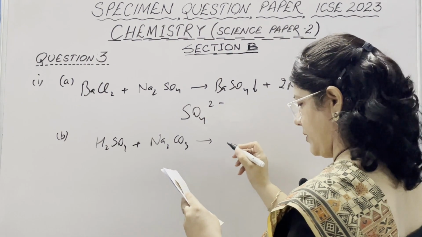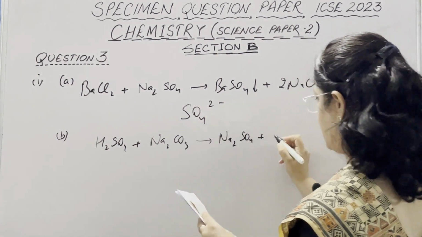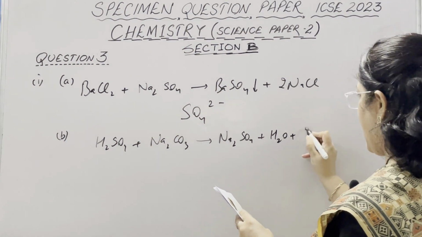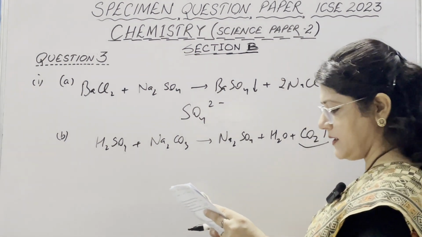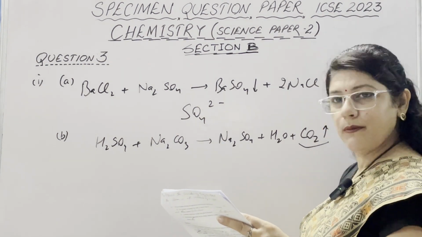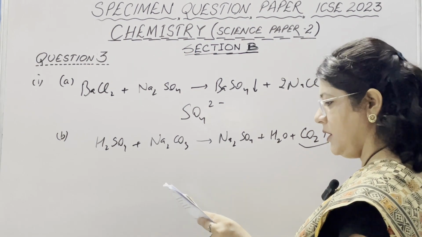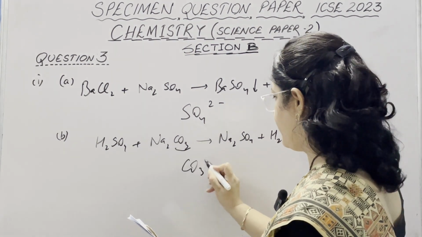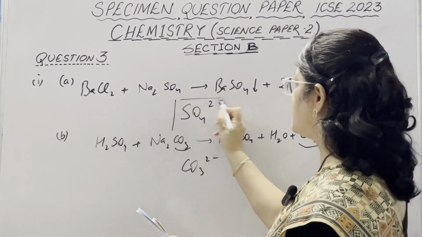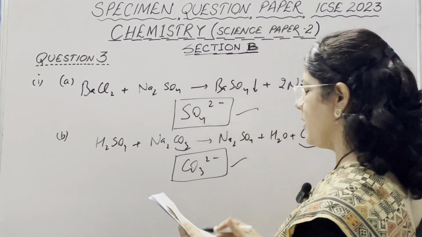So sodium carbonate gives sodium sulfate along with water and carbon dioxide gas. This carbon dioxide gas turns lime water milky but has no effect on acidified potassium dichromate solution. So the anion here is carbonate. You just need to write these anions: here sulfate and here carbonate.